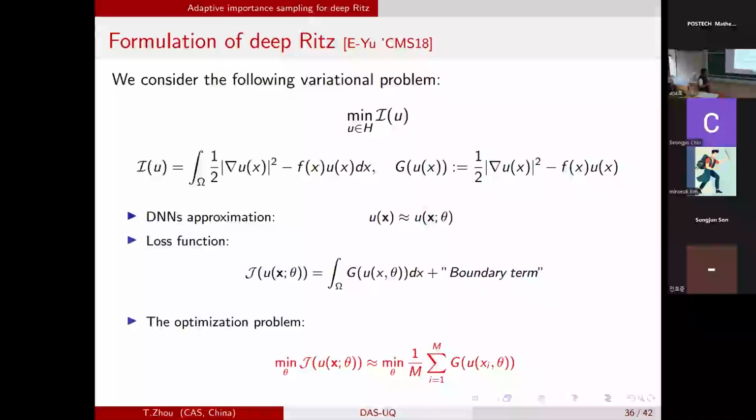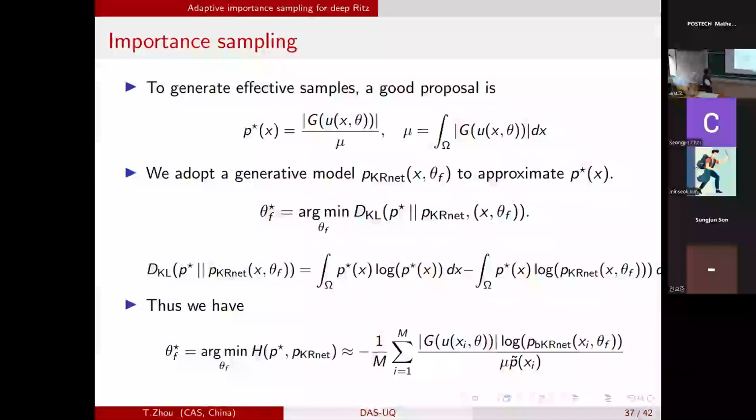When you do the adaptivity, you have to learn the current quantity here, using the absolute value function, or you can use the square of this quantity, which is ultimately unclear. In PINNs, there's a unique optimal density in theory, the most efficient one. But here, you can give different proposals. This is the difference between PINNs and Deep Ritz.